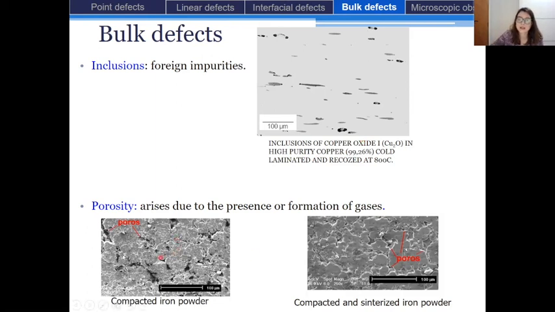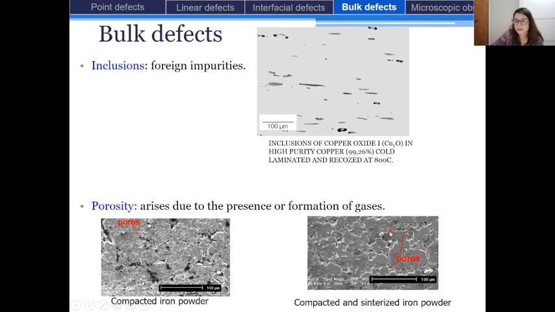The porosity is also easily observed by electron microscopy. In this case, it is iron powders that have been compacted, and between these small particles of powder remain some voids, which are called pores.